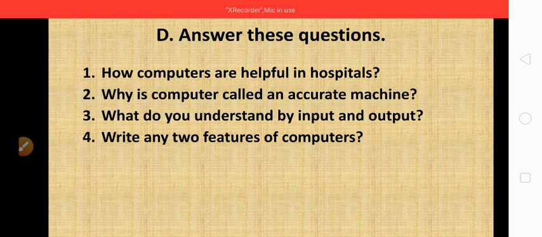In the next activity and project work, you can see in the book on page number 13 that a cup of tea is given, so you have to write input, process, and output. What is the input for tea? Milk, a little bit of water, sugar and tea.